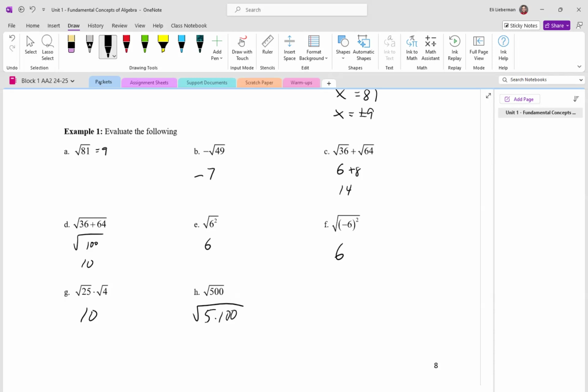We know the square root of 100, like you said, is 10. The way I think about it is that perfect squares get out. Non-perfect squares remain. Of course, that's just storytelling. Really, it's just a property. It's just saying square root of 5 times square root of 100 is 10 times square root of 5. Easy.